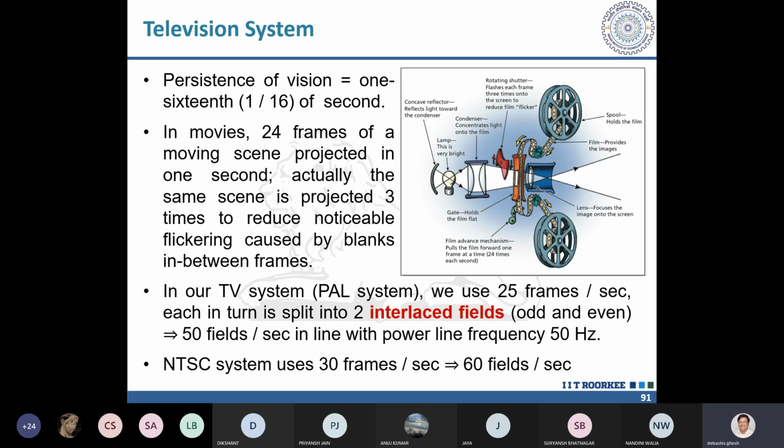Although I am showing you snapshots of two different times, since I am showing them within that 1/16th of a second, you will not be able to make out that there was something missing in between.